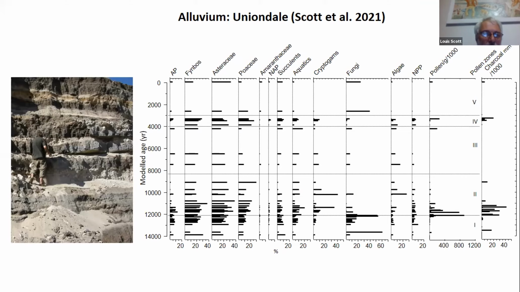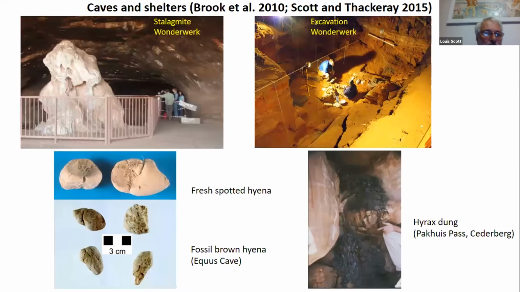and the pollen only in the organic layers. And then, of course, you have the cave deposits, and here again, you have to use a variety of different sediment types. There are coprolites, and then the stalagmite. The stalagmite actually turned out to be very promising, but it's not rich in pollen, and there are other stalagmites deeper into this cave, Wonderwerk Cave.